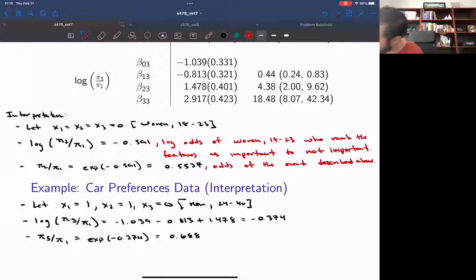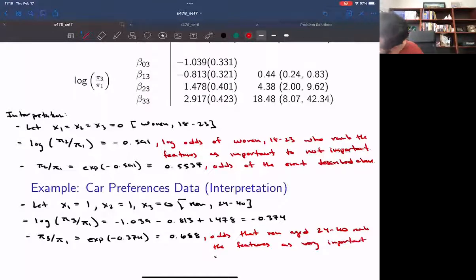And that is going to be the odds that men aged 24 to 40 rank the features as very important versus important.